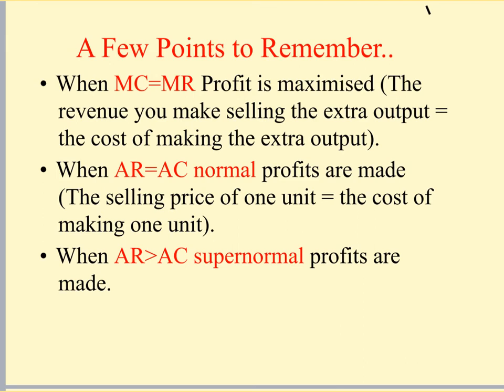Supernormal profit exists even in the long run. But when AR is equal to AC, it's just normal profits. It's not really high profit. So the selling price of one unit is equal to the cost of making one unit. I often say normal profit is enough to keep that business in the industry.